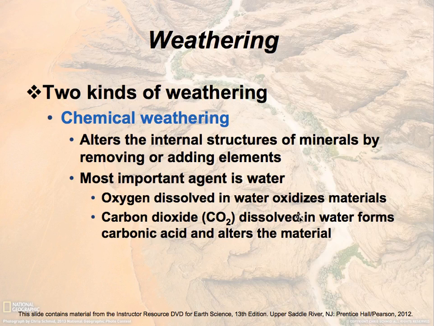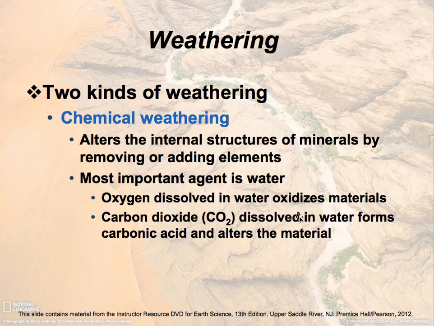Chemical weathering is exactly what it says. It's a chemical process. So instead of physical breakage of rocks, chemical weathering is based on chemical reactions, most typically involving oxygen with oxidation or carbon dioxide. CO2 is commonly dissolved in water. There's always some CO2 in natural waters or surface waters on the surface of the earth. And when you have dissolved CO2 in water, that water becomes slightly acidic.